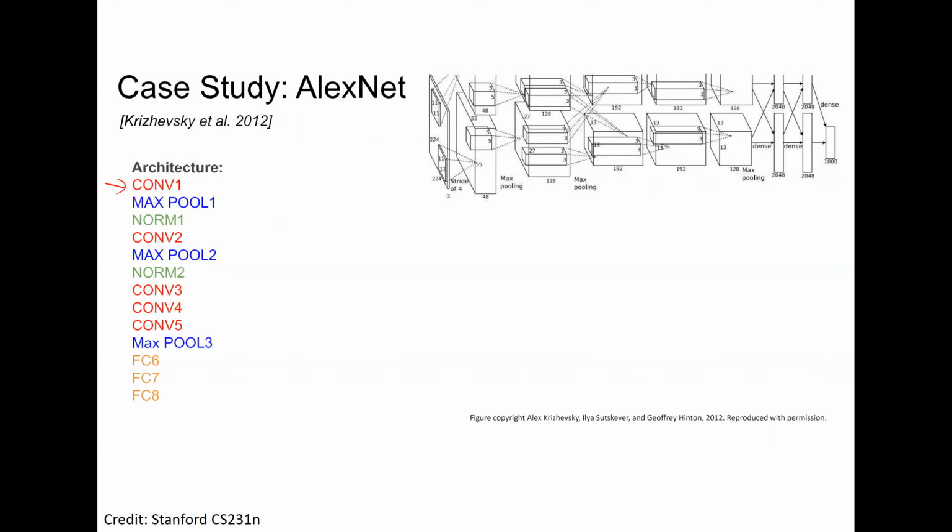The first layer is a conv layer, followed by max pooling, a normalization layer, and the next convolution, followed by another max pooling and normalization, and 3 consecutive convolution layers, another max pooling, and 3 fully connected layers. Compared to modern CNN architectures, AlexNet is quite simple.